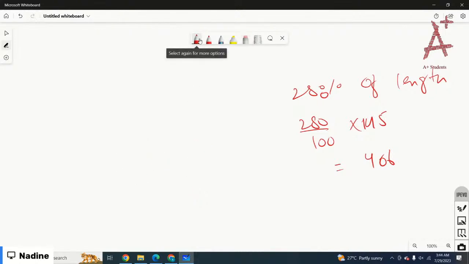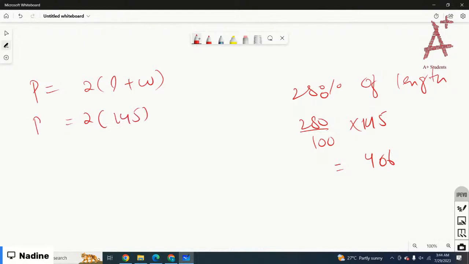Okay, perimeter of the rectangle is 2 times length plus width. You are given the length 145, the perimeter here, plus w. Got it? So the perimeter you are given is 406. 2 times 145 is 290, plus 2w.